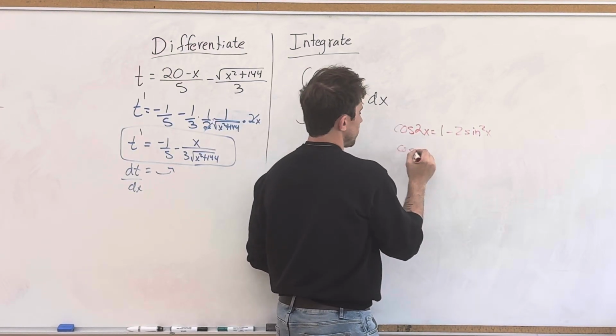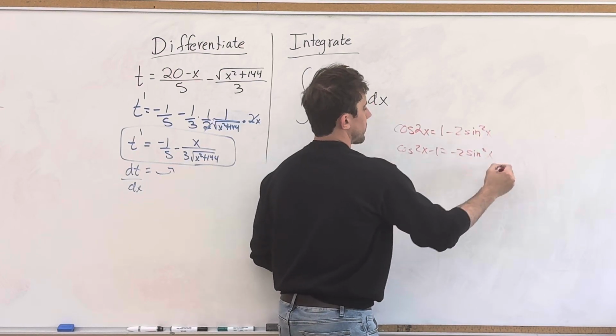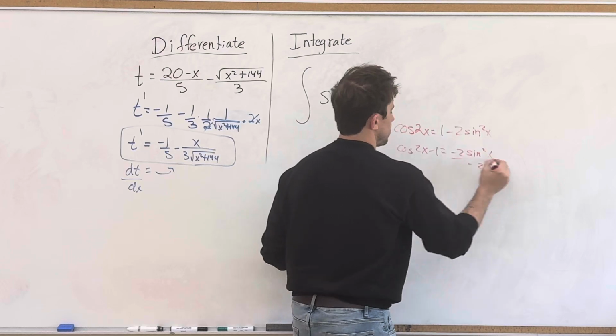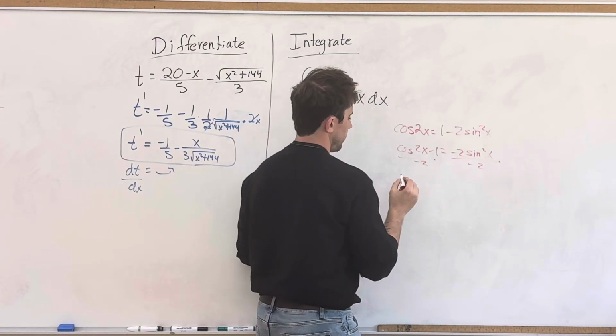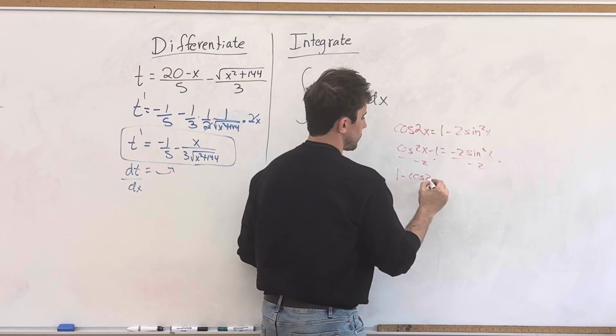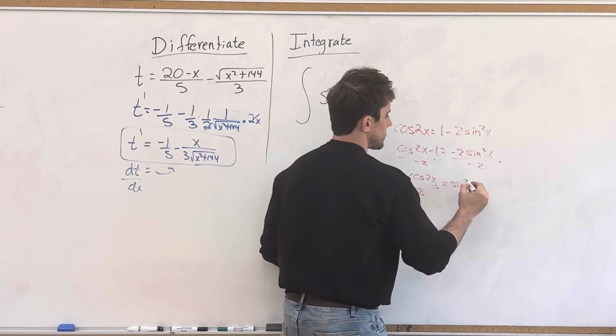Well, let's do it step by step. Cos 2x minus 1 is equal to negative 2 sine squared x. And then dividing both sides by negative 2 means that we get 1 minus cos 2x all over positive 2 is equal to sine squared x.